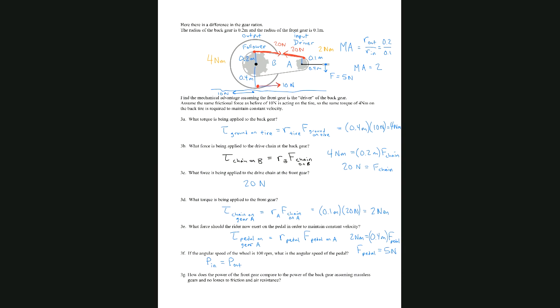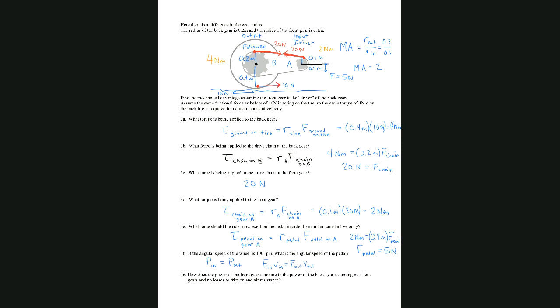The energy can't be destroyed or created. It can only be conserved. And so one formula that we have for power is force times velocity. So the input force times the velocity at the input has to equal the output force times the output velocity.